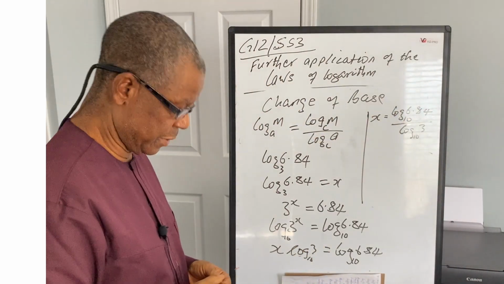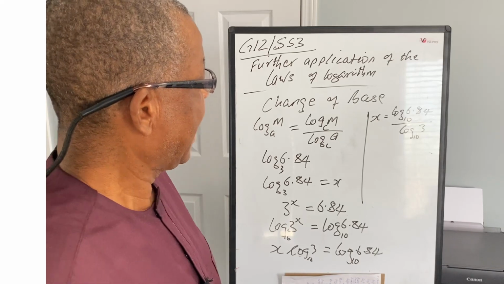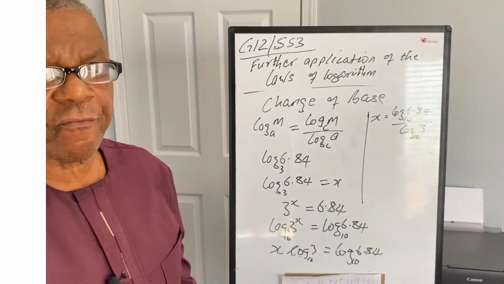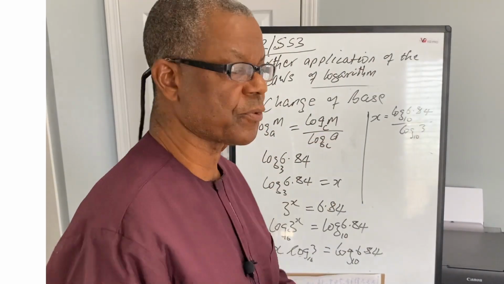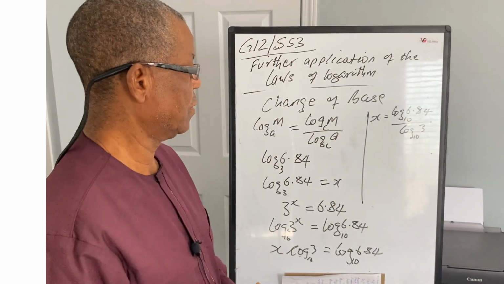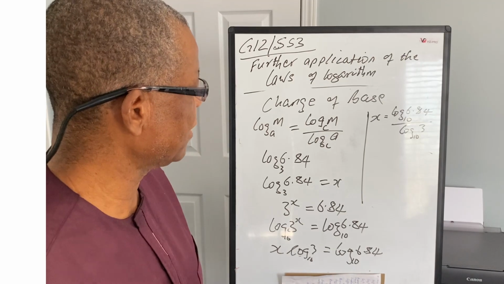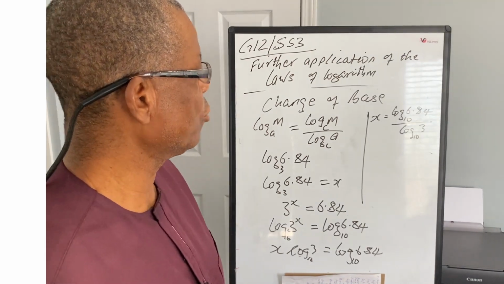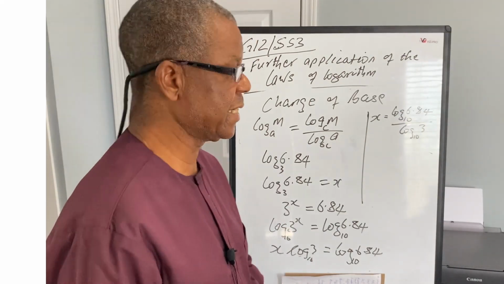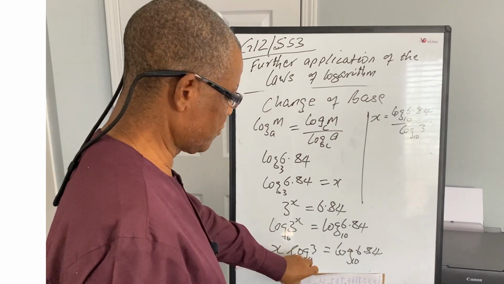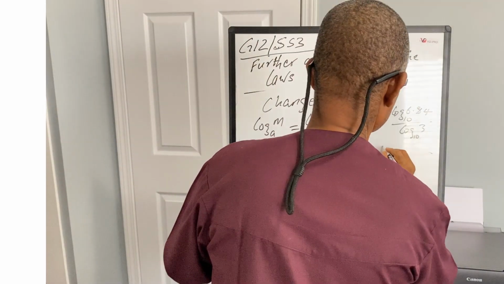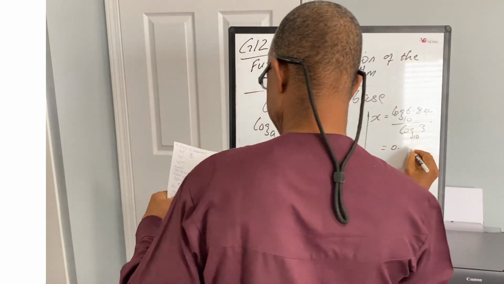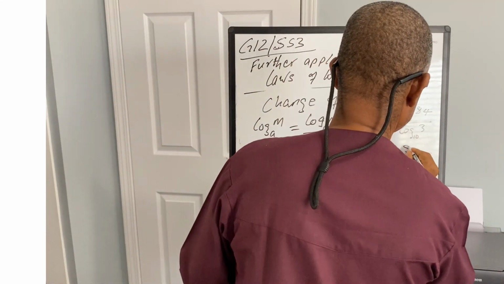We are changing base. At this point, you consult your 4-figure table. This is where table comes in. You consult your 4-figure table and ask yourself, what is the log of 6.84? The log of 6.84, if you check very well, will give you 0.8351.